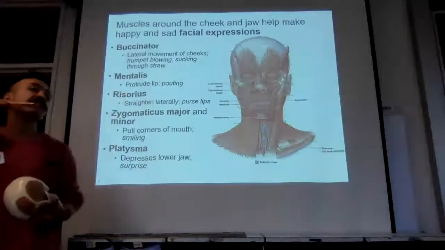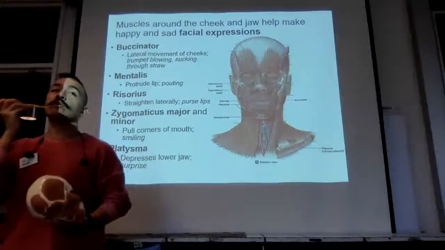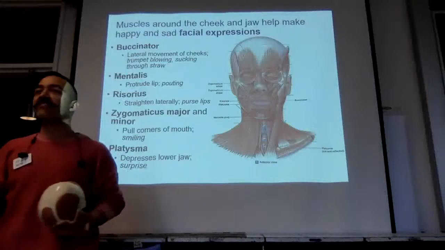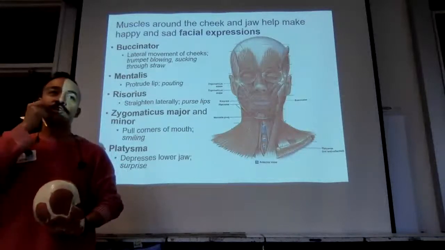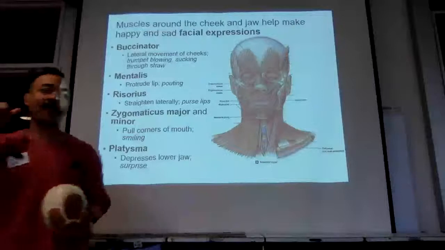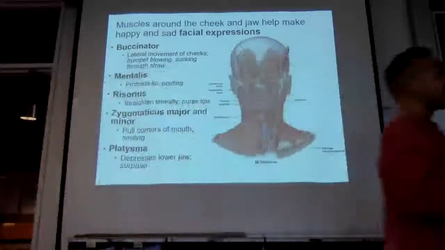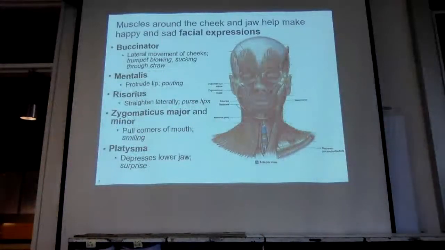Risorius is perfectly lateral. Like doing a fake smile, pulling your lips out that way, that is the risorius. How do you say smile in Spanish? So it's got to be RIS right there. Yeah, close enough. So think of a smile, but like a fake smile. Think of a Joker smile.